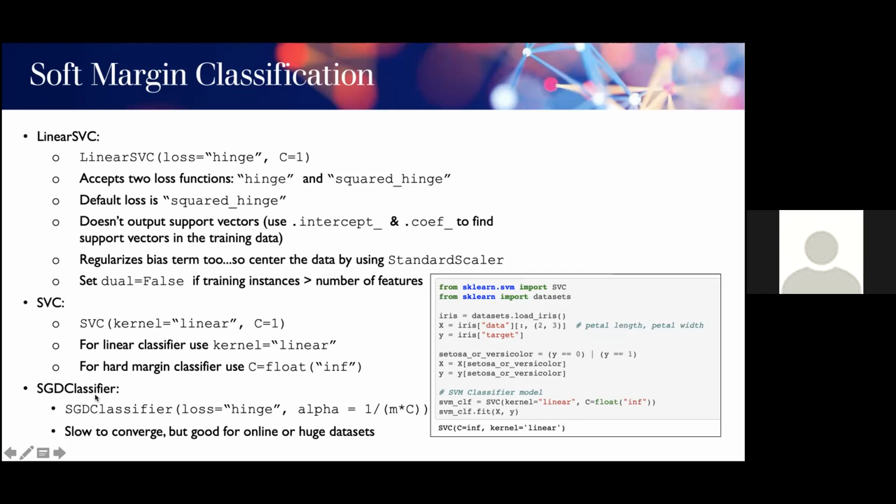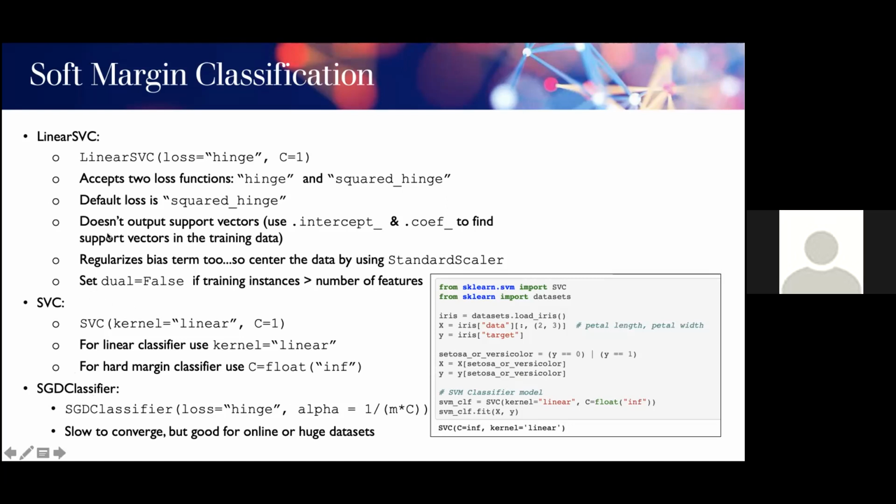A quick note that the SGDClassifier came up in chapter 3, I believe, the classification chapter. The author did not present what it means, but he did use the hinge loss function. So what he was using for classifying the handwritten digits at that time was a support vector machine.